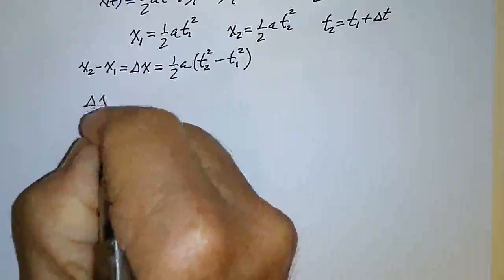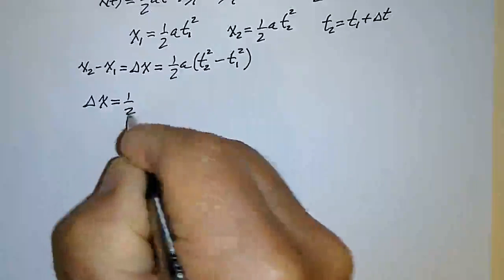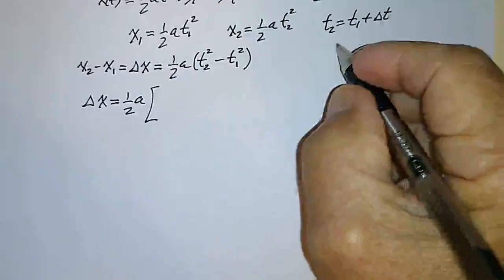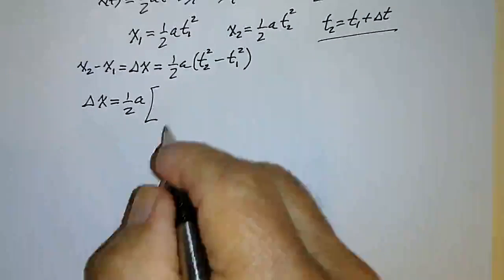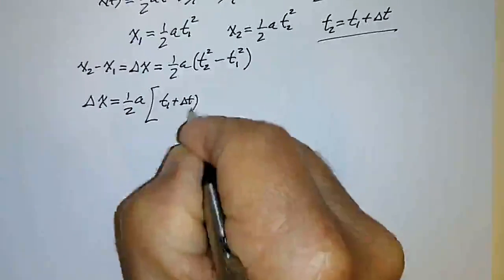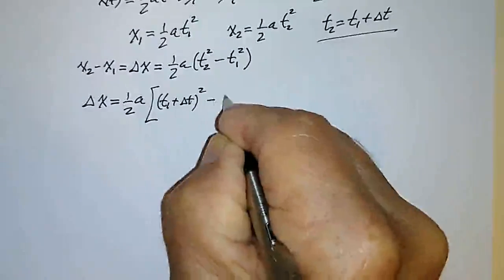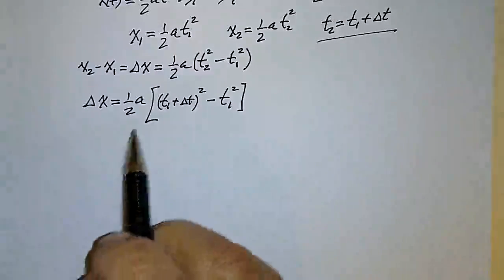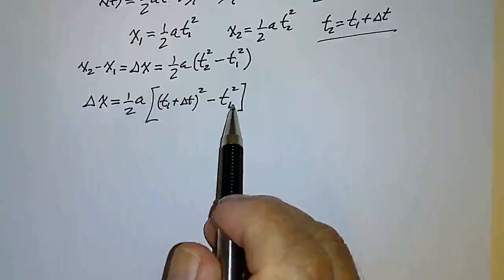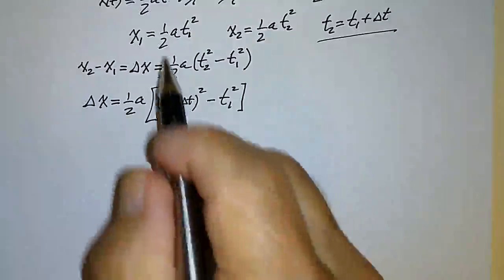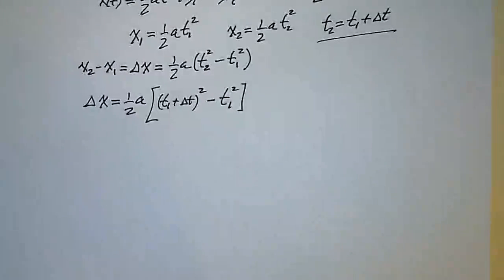So delta x is equal to 1/2 a times t2 squared minus t1 squared, where t2 squared is equal to t1 plus delta t squared. So now we have an equation just involving t1, which we should be able to solve for t1. And once we have t1, we can put that back in to find out what x1 is, and that's what the original question is.